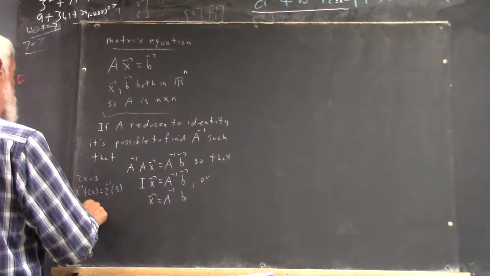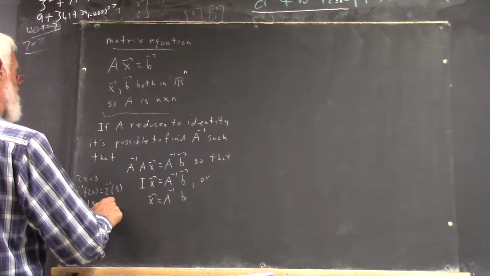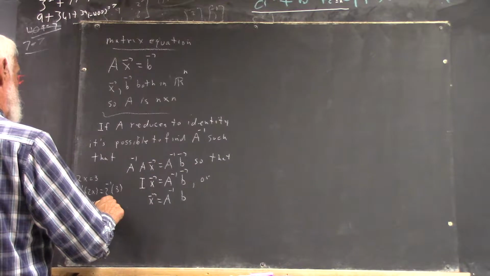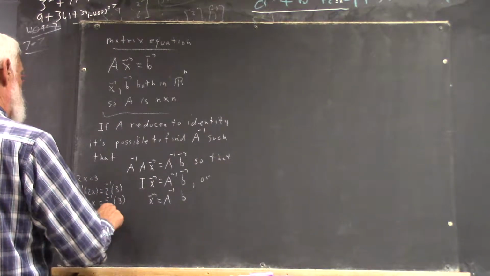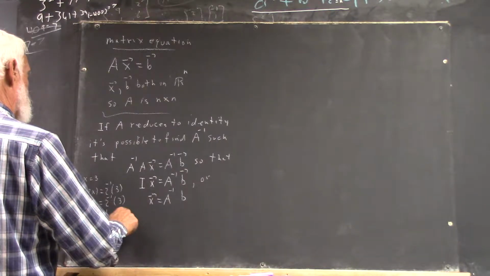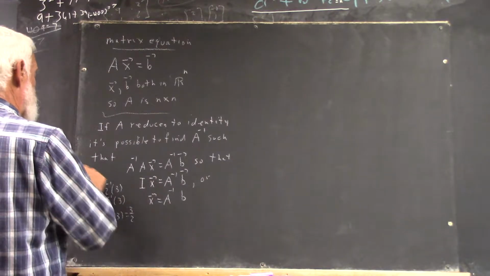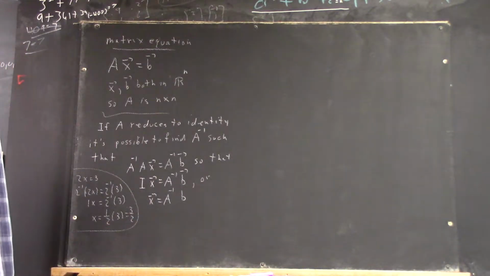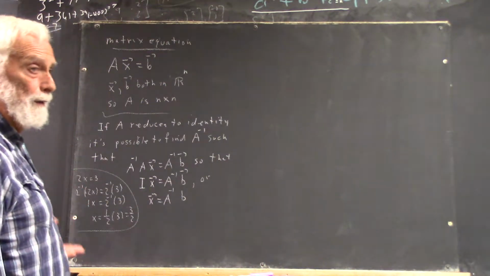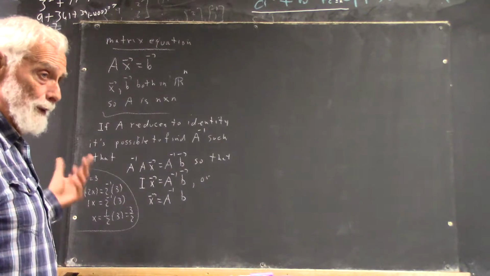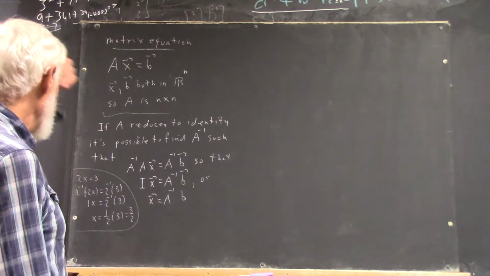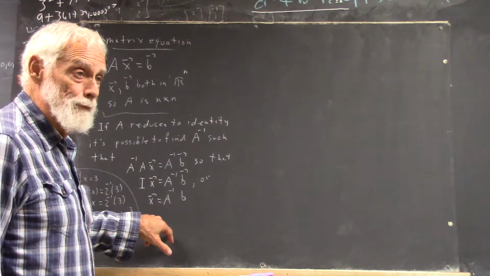And you get 1x equals 2 to the negative 1 times 3, or x equals 1/2 times 3 equals 3/2. That's actually what's going on algebraically. But you just used to do it by numbers, and that's the way we learn algebra. We're generalizing it.